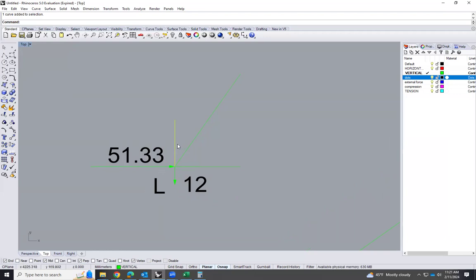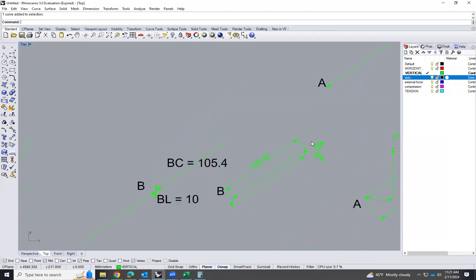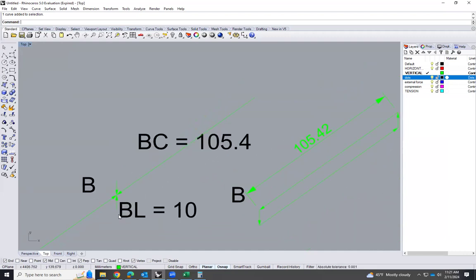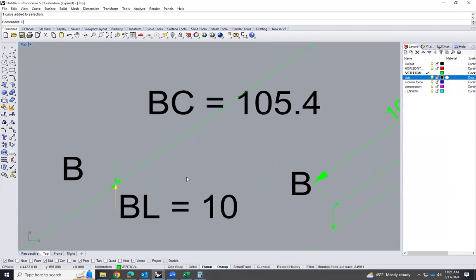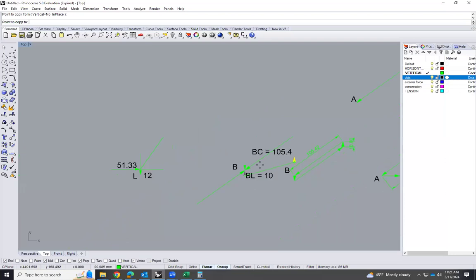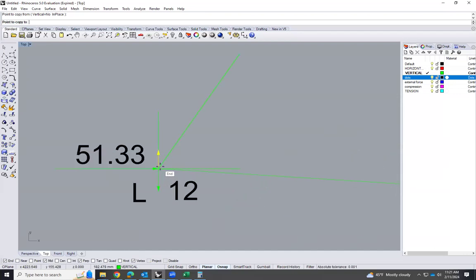I've got this one here. This is BL going up, this is 10. It goes up at point B, so here it has to go down.